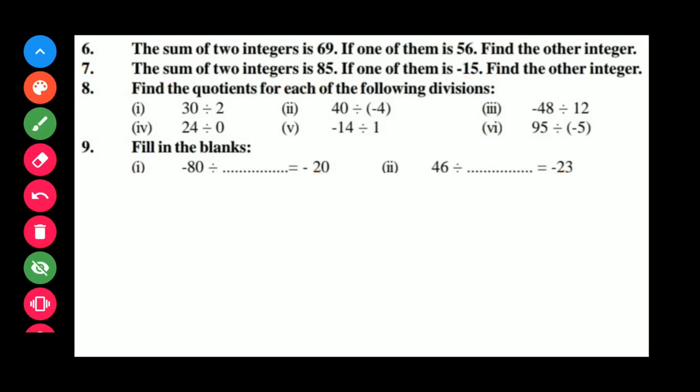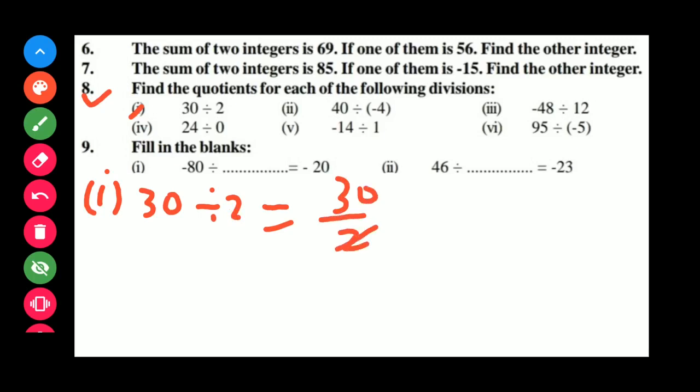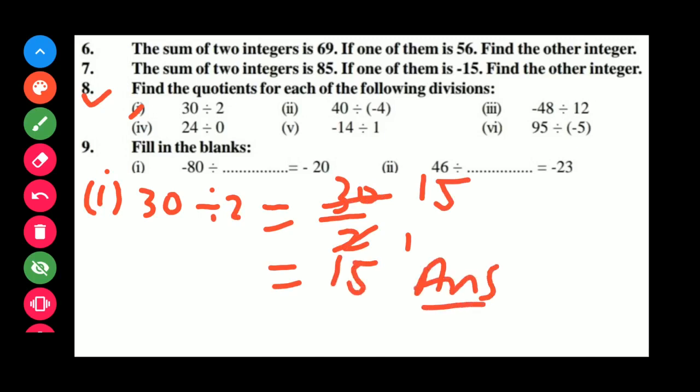Now come to the 8th question. How can we divide? The first one is 30 divided by 2. So 30 divided by 2, 2 ones are 2 and 2 fifteens are 30. So it is your 15, and that is the quotient and that is your answer.